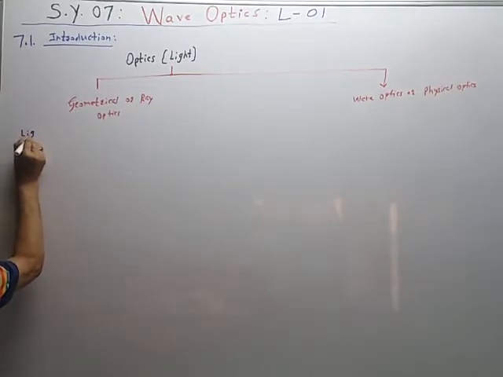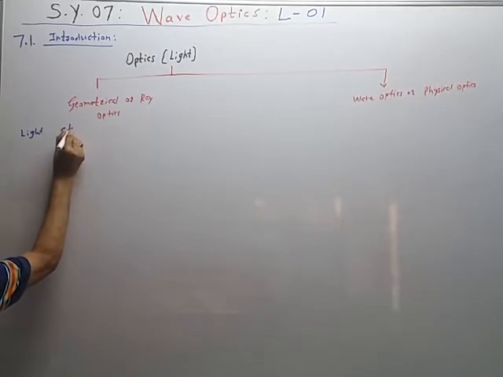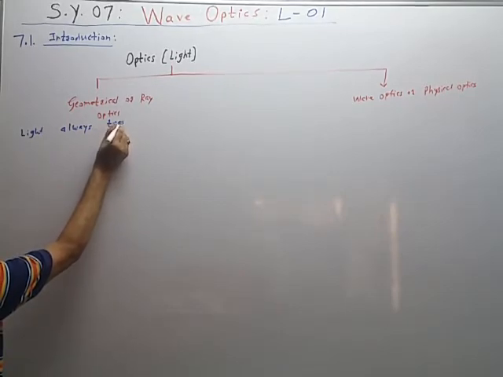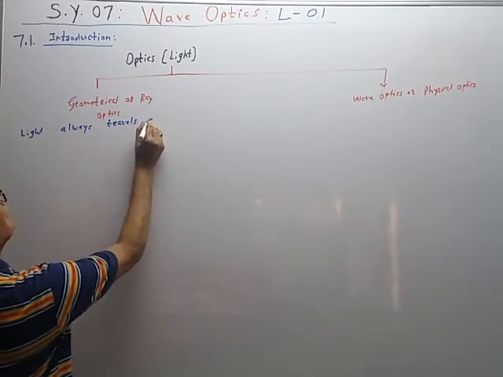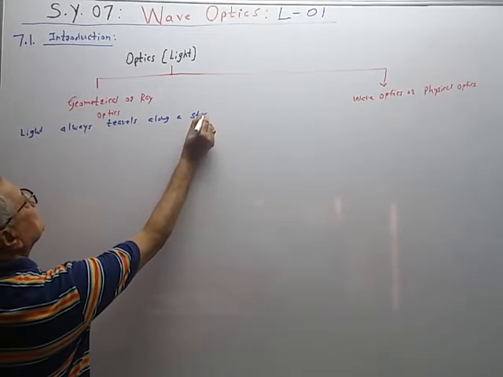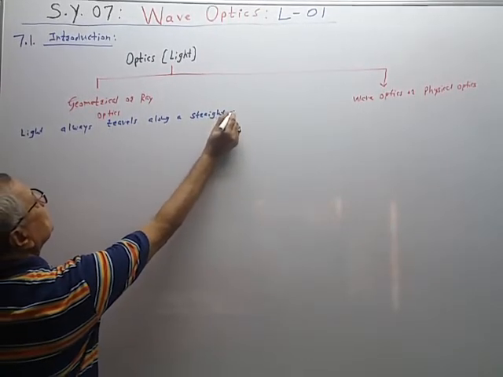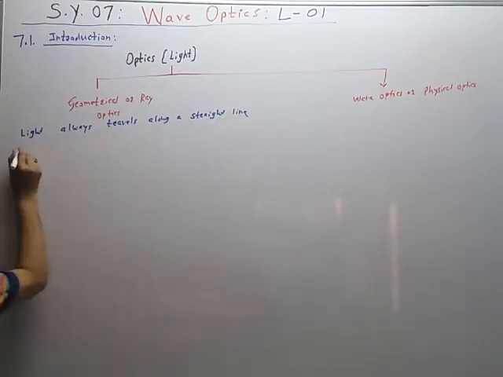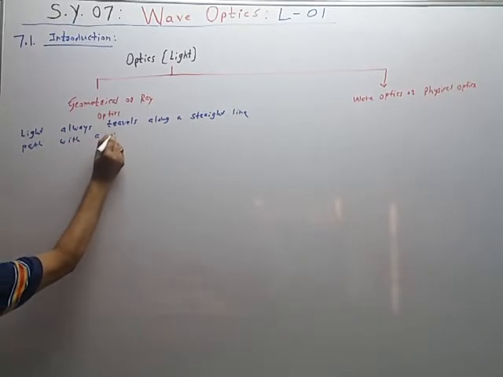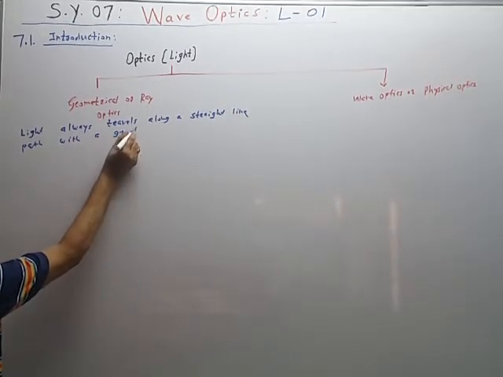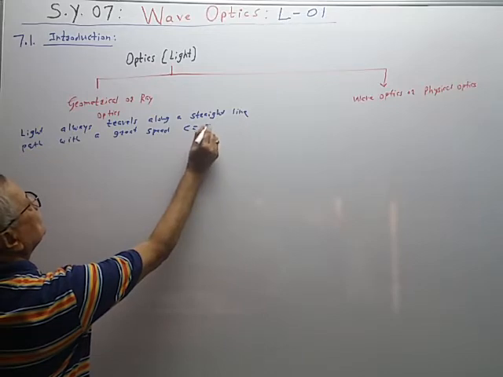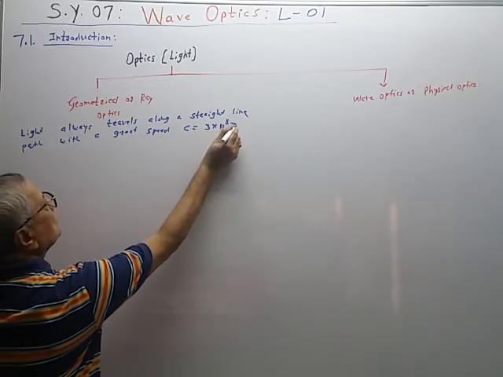Light always travels along a straight line path, with a great speed, c equal to 3 into 10 raised to 8 meter per second.